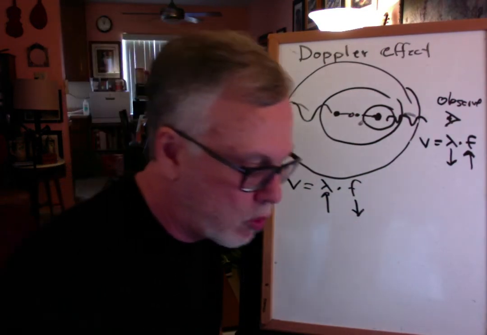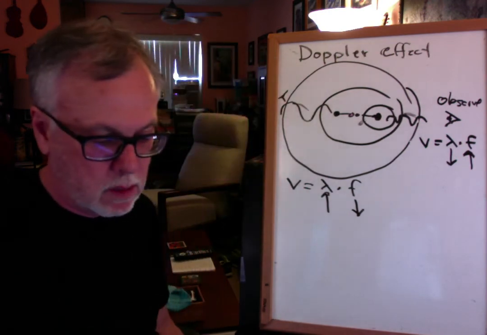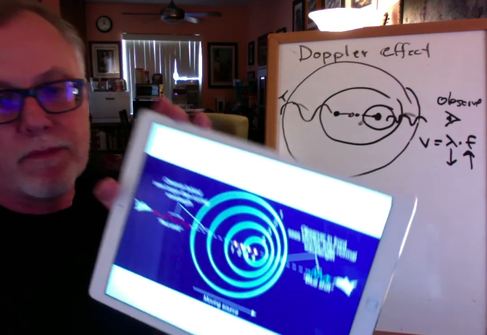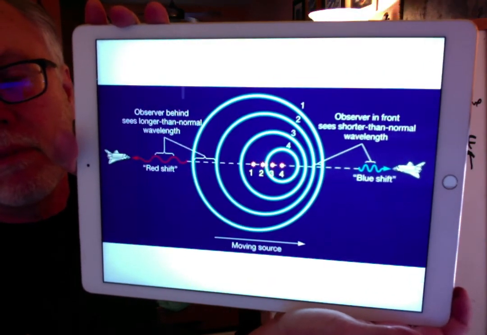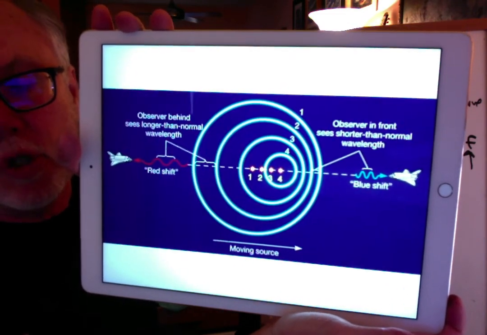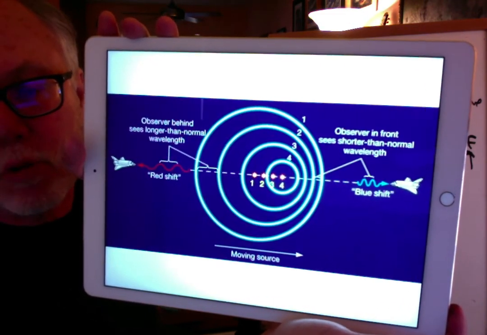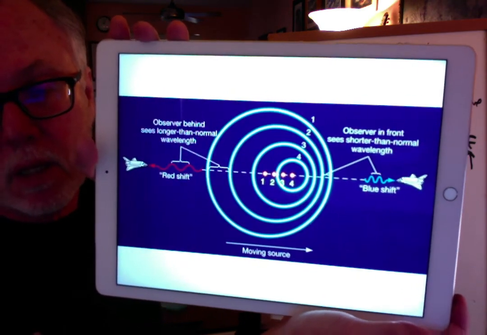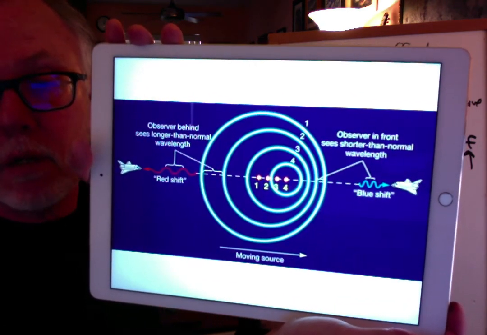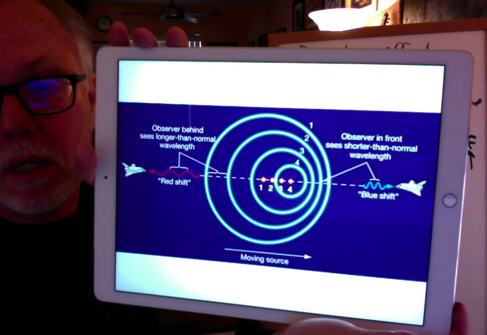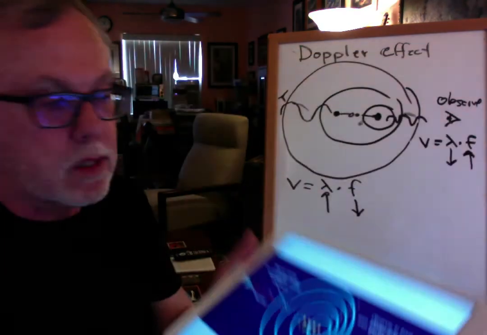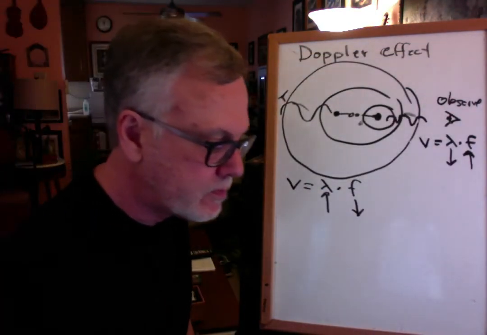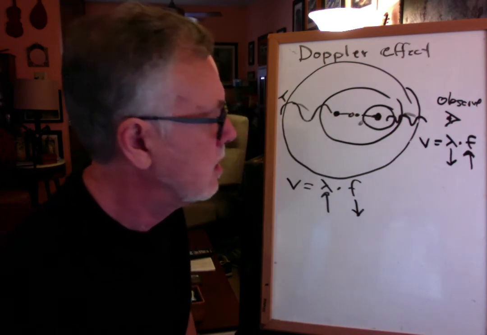And so for sound waves, the pitch gets smaller. So it gets deeper, as for what I observe from the source of sound. Or for light waves, the light is shifted toward the red end. And so because of that, we get a redshift.